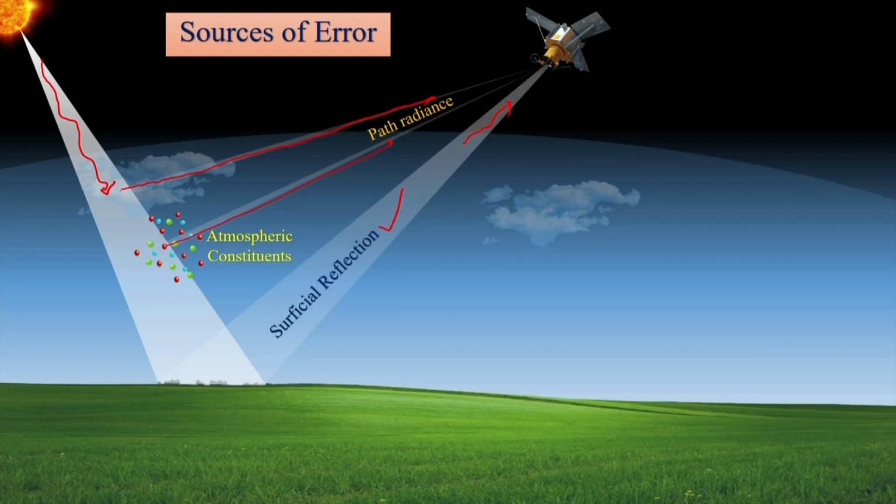You already know that we call this extra energy path radiance, and that will get recorded. Then we measure at-sensor radiance. At-sensor radiance has the reflected energy from the surface as well as the path radiance from the atmosphere.